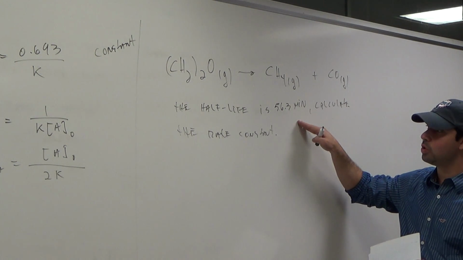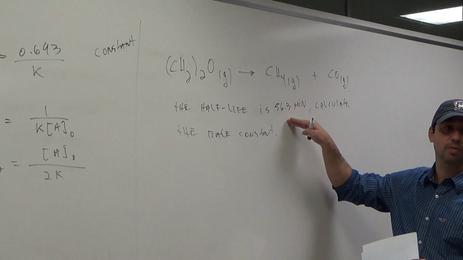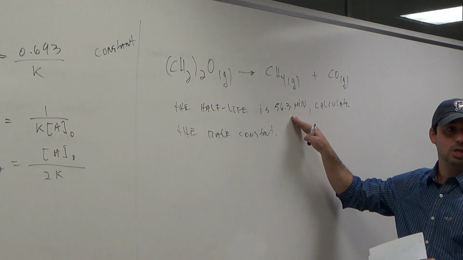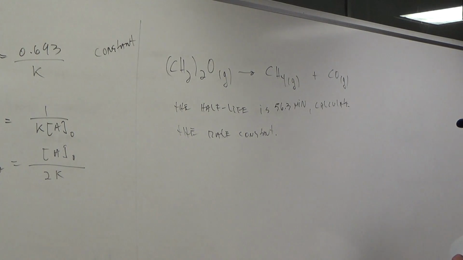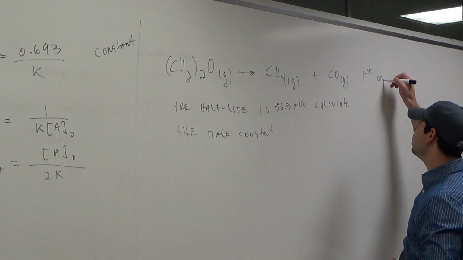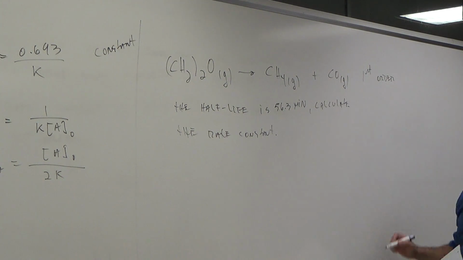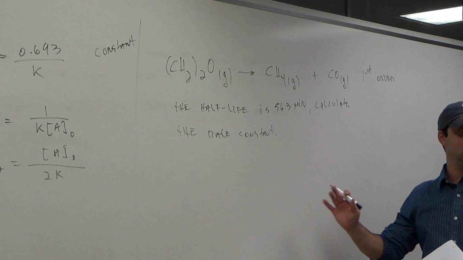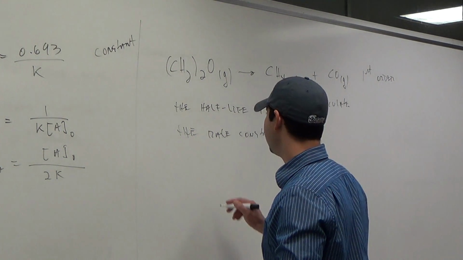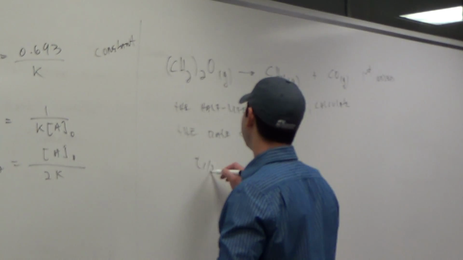It would have been a problem if I gave you initial concentration for this. Because if I give you initial concentration, do you use it for first order? No. But do you use it for second order? Yes. So more than likely on the test, I don't want you to guess, I will tell you this is first order. So you write it down. Your purpose was to notice that I didn't say what it was, yes? So if it is first order, what half-life am I going to use?